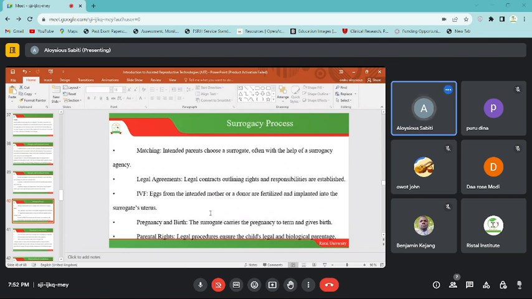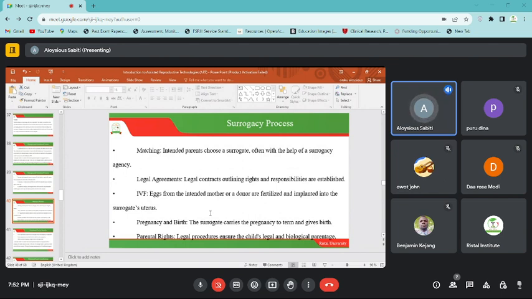Then we want to look at the surrogacy process, and the surrogacy process is that, one, there is matching. The intended parents choose a surrogate, often with the help of a surrogacy agency. And this is just a process where people are able to talk to people they feel are able to offer them the support that they want.